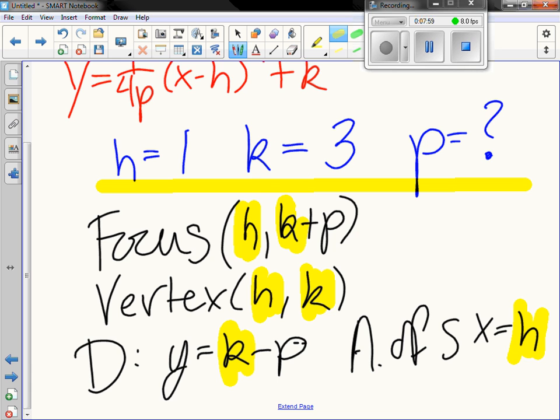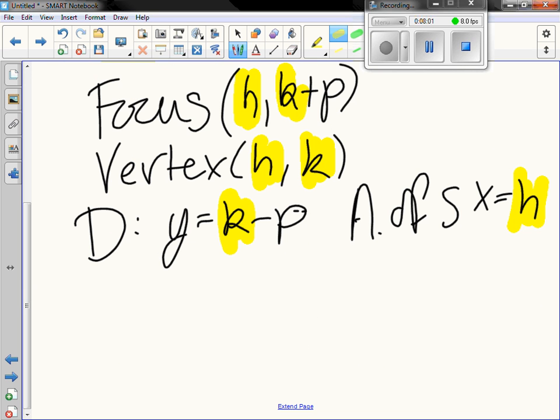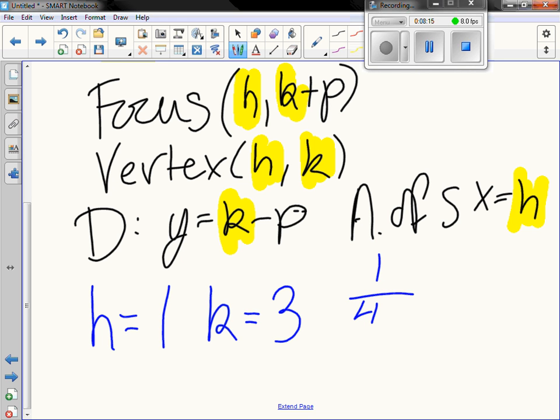Because P is going to be the only real exception. So far, because we said H was equal to 1, K is equal to 3, and 1 over 4P was equal to our 1/12, yes?